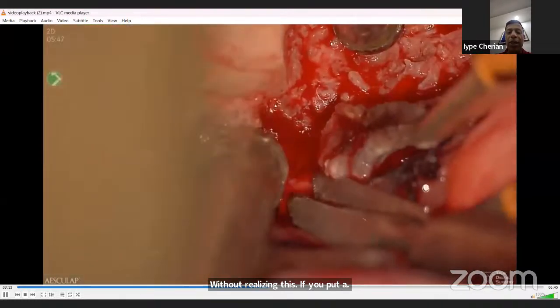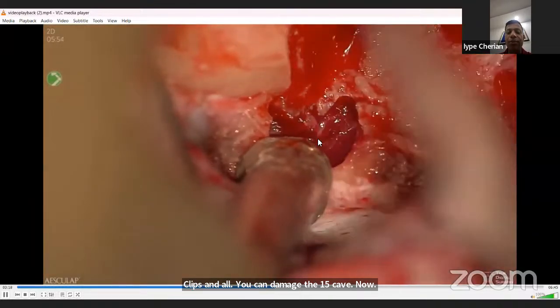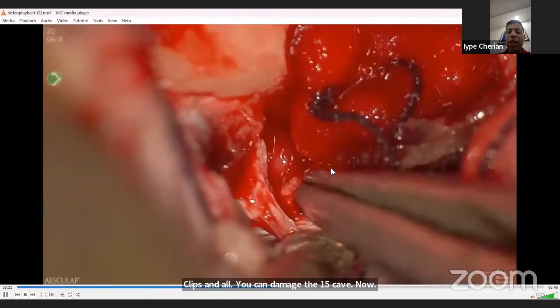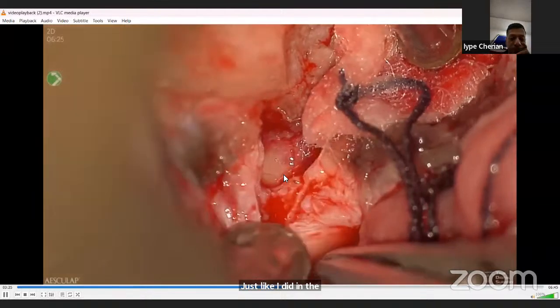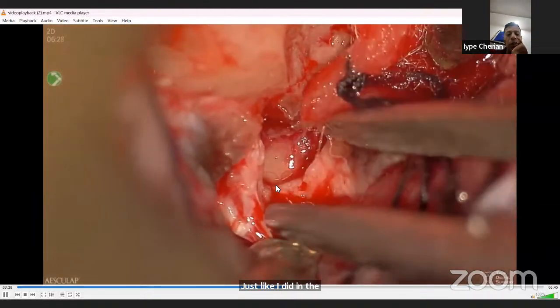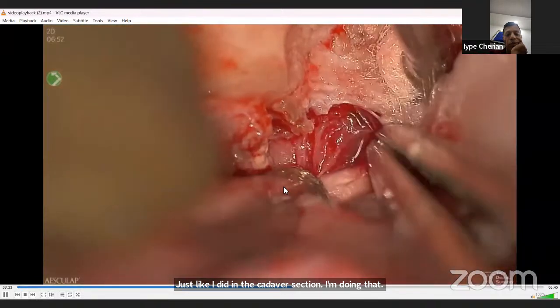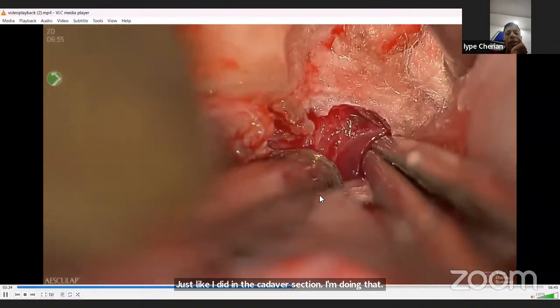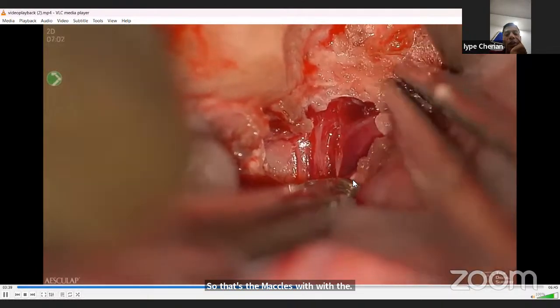So I'm opening the Meckel's cave now, finding the tumor there as well, just like I did in the cadaver dissection. So that's the Meckel's cave with the entire fifth nerve there.